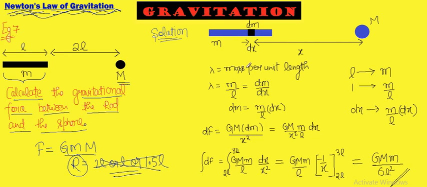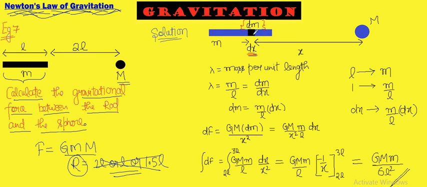So we take a very small part of this rod, of very small length, say dx, and we assume that its mass will be dm.